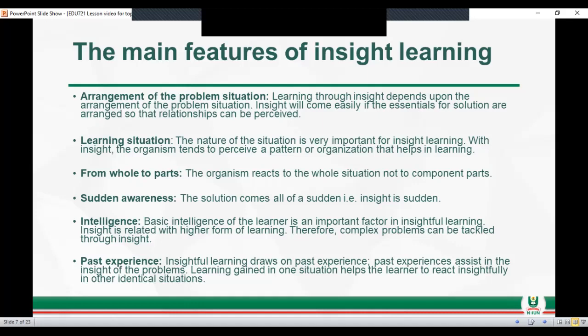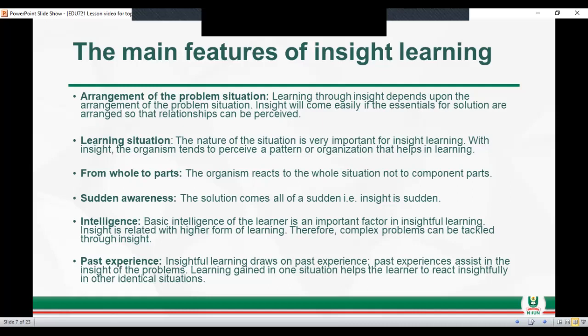It's almost like the first point, that is arranging the problem situation in a way that the child will perceive all the component parts, so that the child will perceive the relationships among the component parts of that problem. Thereby, the insight will suddenly come to that child.